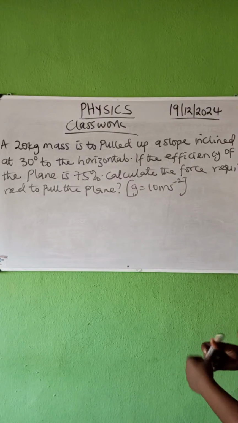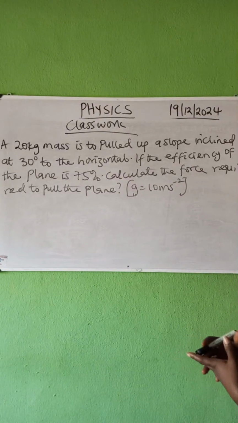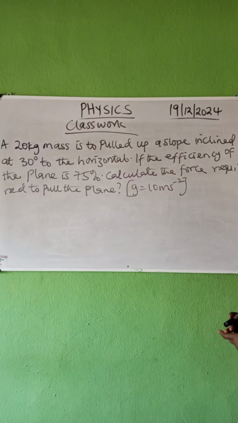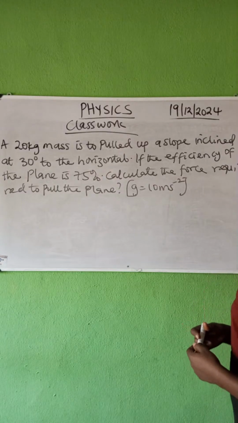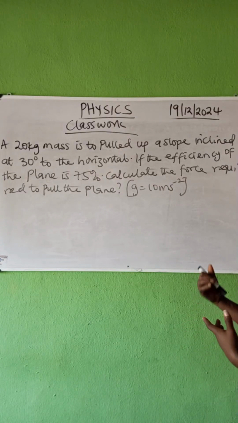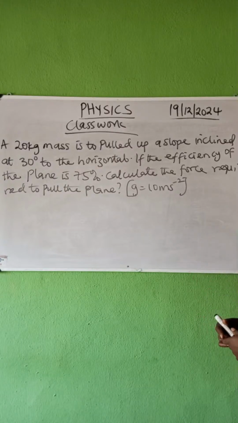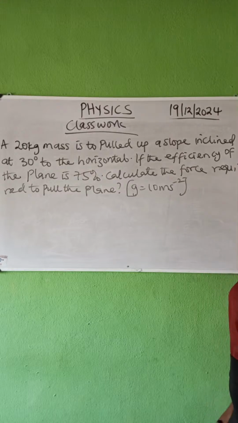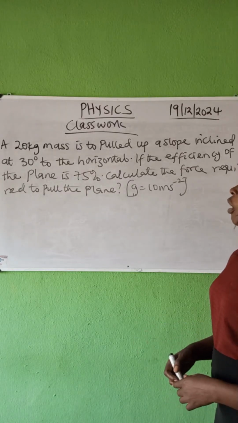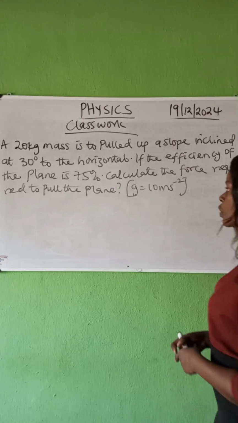Okay. A 20 kg mass is to be pulled up a slope inclined at 30 degrees to the horizontal. If the efficiency of the plane is 75%, calculate the force required to pull the load. All right, so the first thing is to note that we are given the mass of the load, not yet the load, okay?